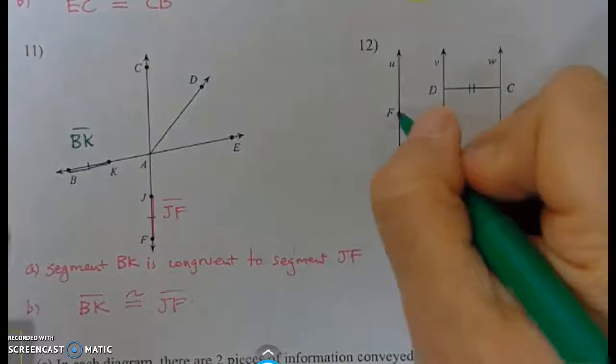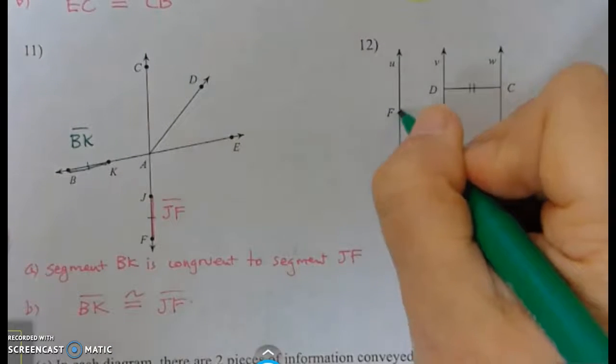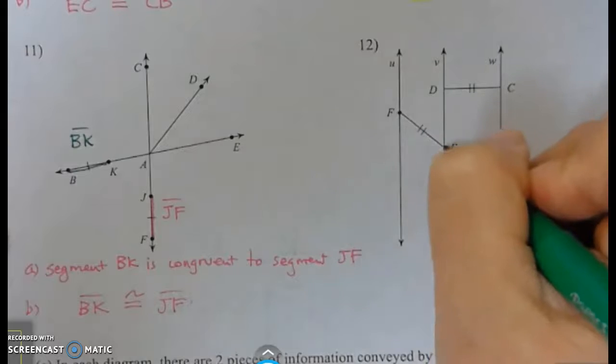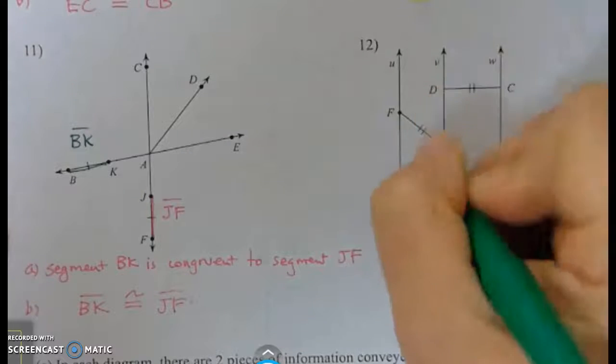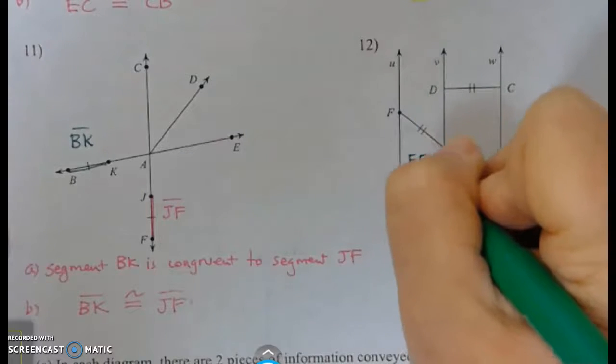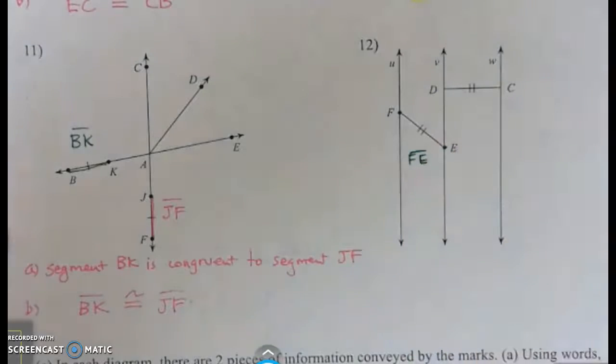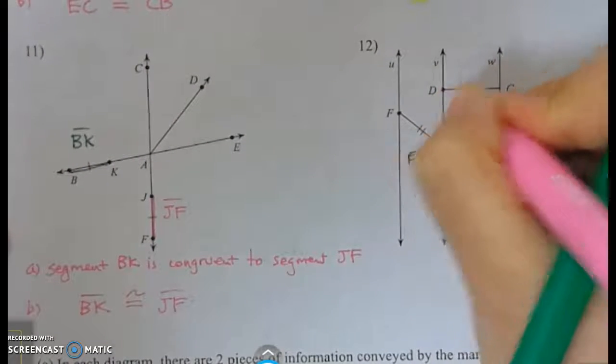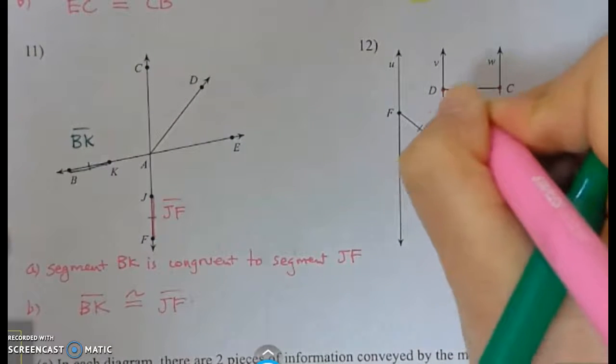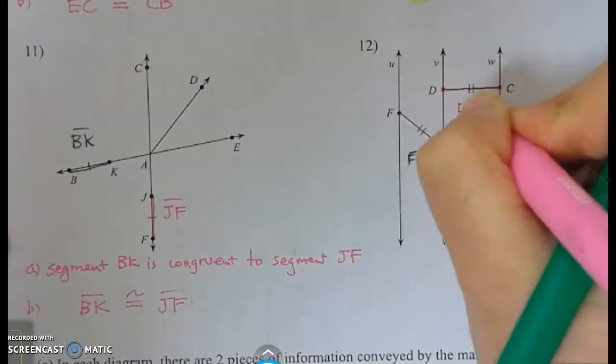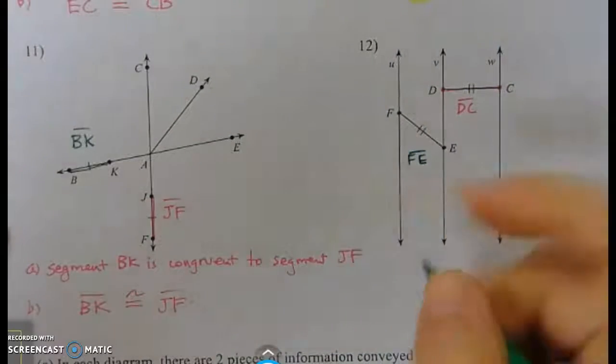Alright, now we have another line segment. It starts at F and it ends at point E. So we can call this FE with a line over it. And this one starts at D and ends at C, so it's a line segment DC.